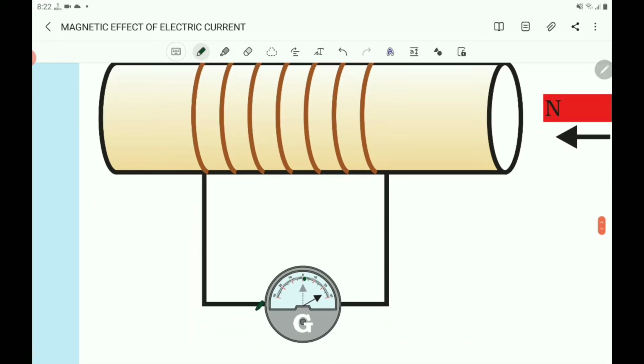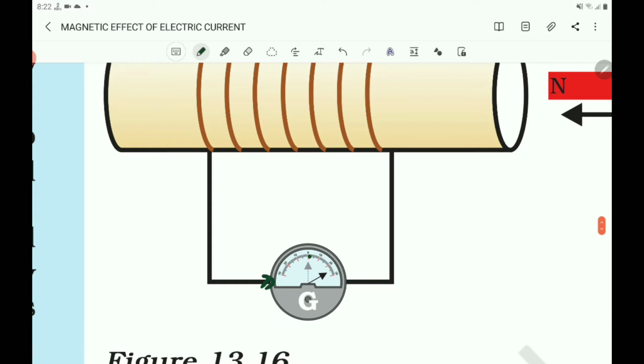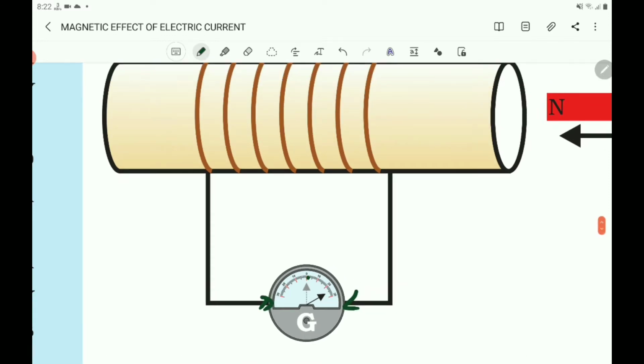Take a strong bar magnet, and what you have to do here? Move its north pole towards the end B of the coil, and observe the galvanometer.